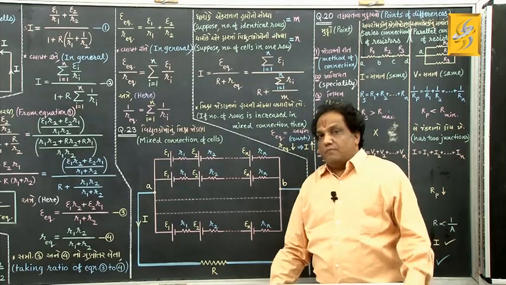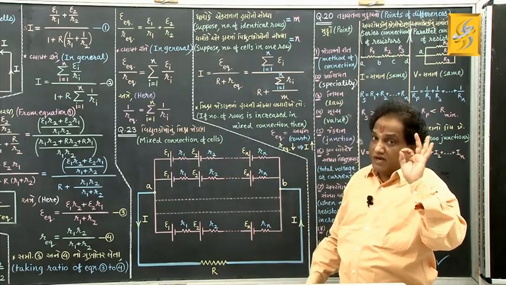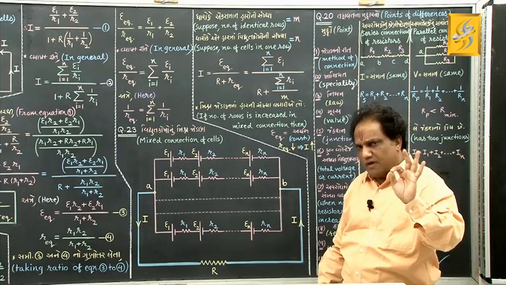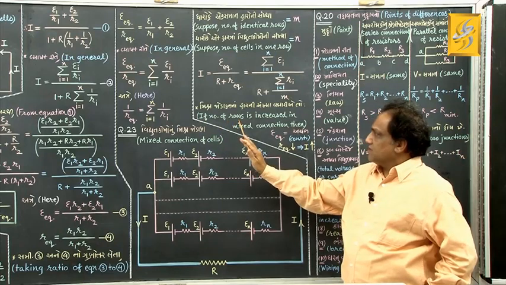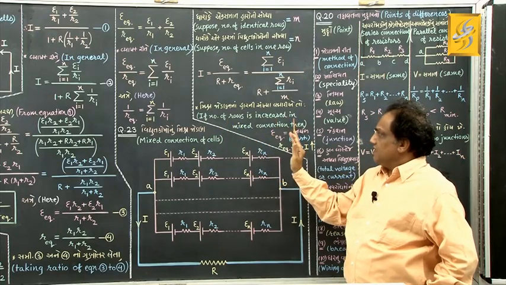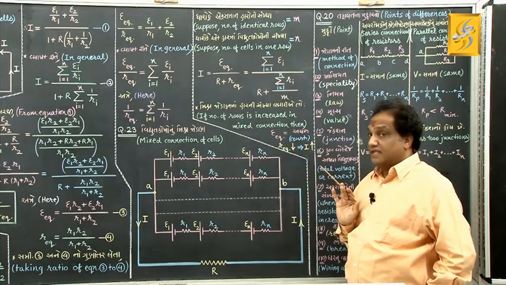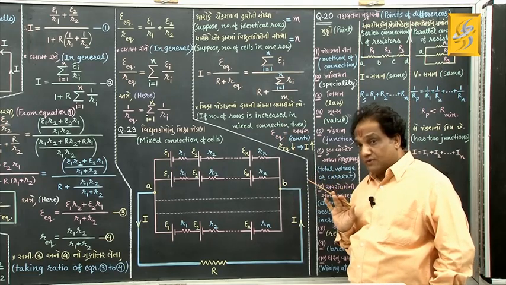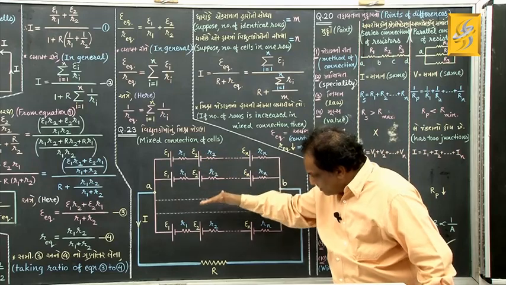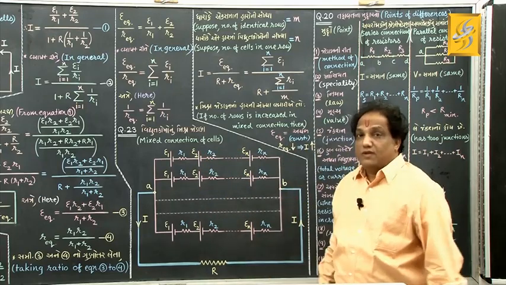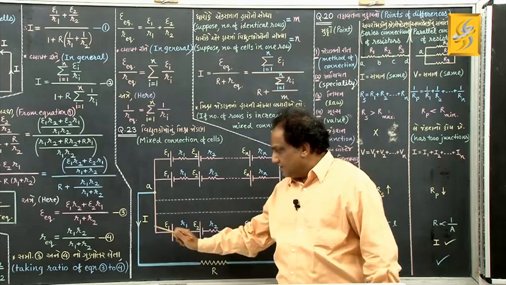Okay, my dears, now one point is very interesting, a super point I am showing you. Look here. If the number of rows is increased in a mixed connection of cells, suppose we are increasing the number of identical rows, correct? Then you know what we find? Current is increasing.